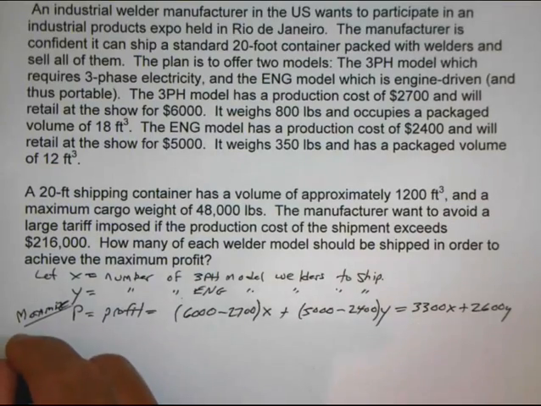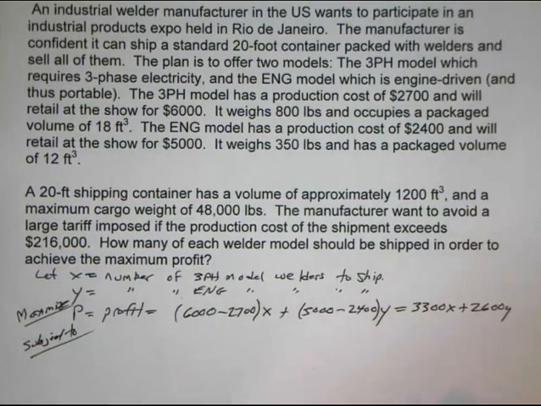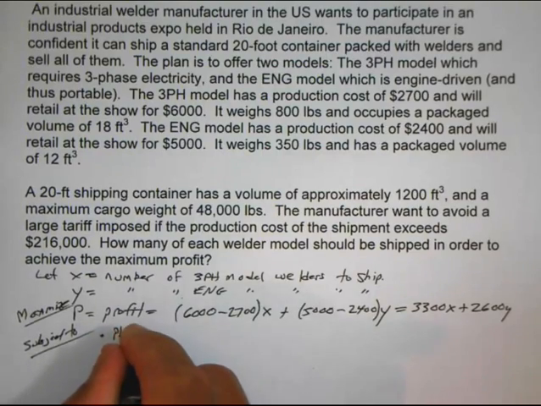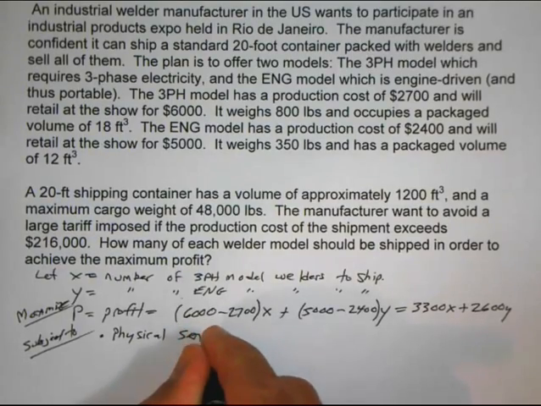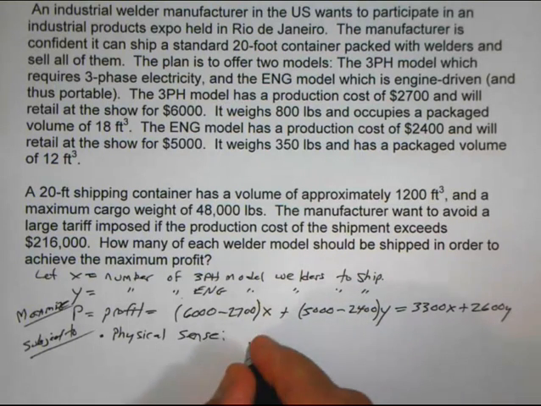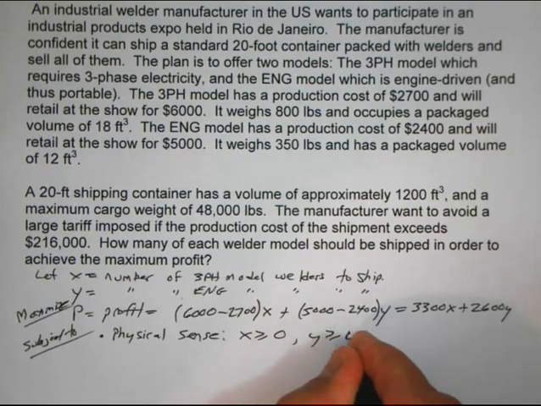Okay, what's the domain of this function? Subject to... well, one concern, certainly, is physical sense. We're talking about a number of welding machines to be shipped, so you can't have negative numbers to ship. So we certainly require x to be greater than or equal to 0 and y greater than or equal to 0.